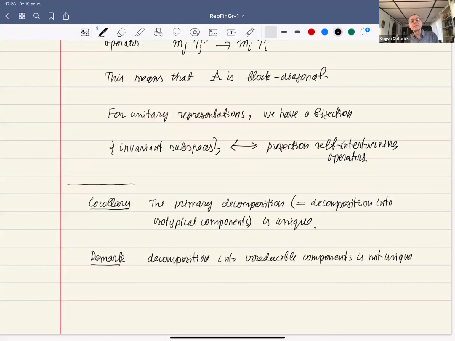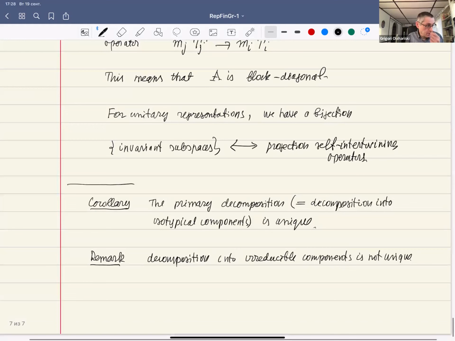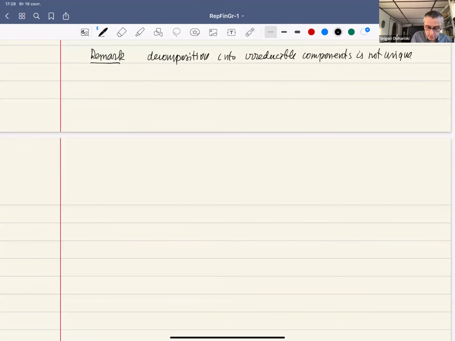Of course, the multiplicities are defined uniquely, but the decomposition itself is not unique, which is seen from the following observation. So take even a primary representation.